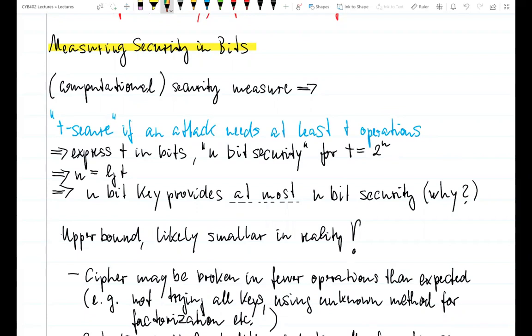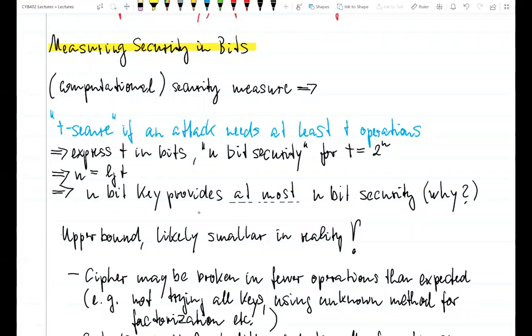So it turns out that underlying that idea is actually a brute force approach. If we have a key that is n bits long, what we actually get is not automatically n-bit security. It's at most an upper bound, actually.